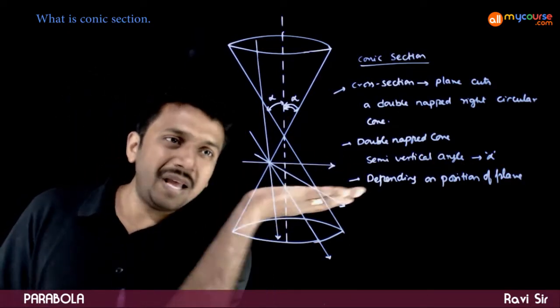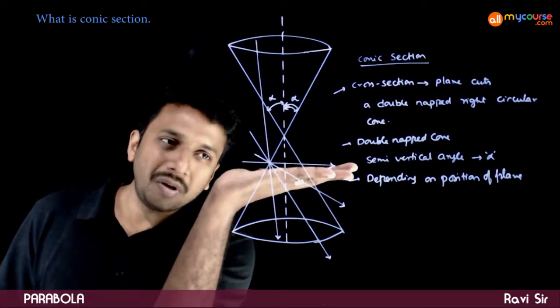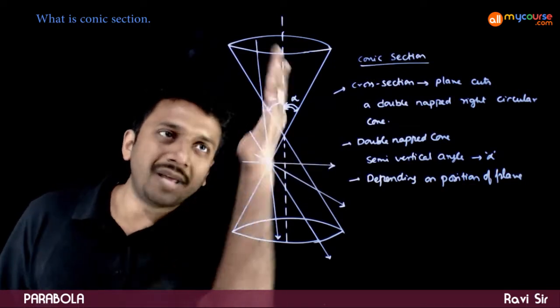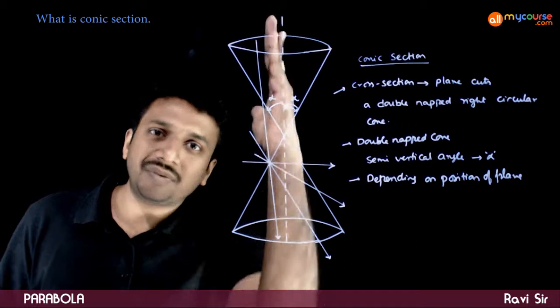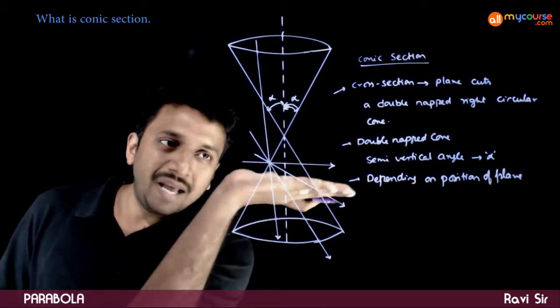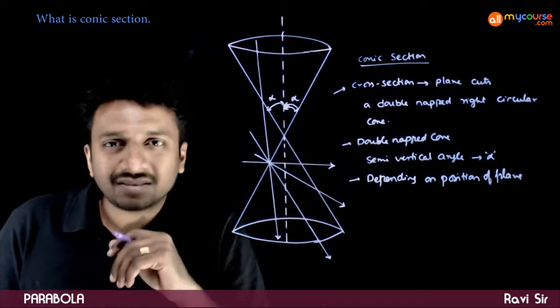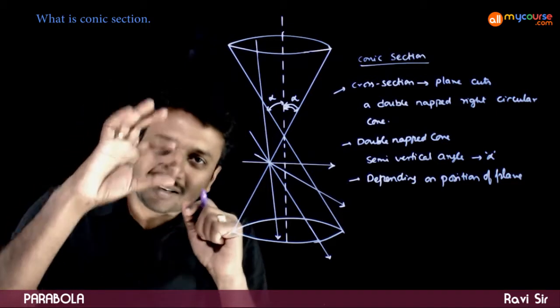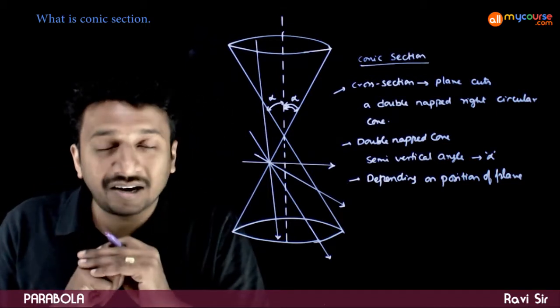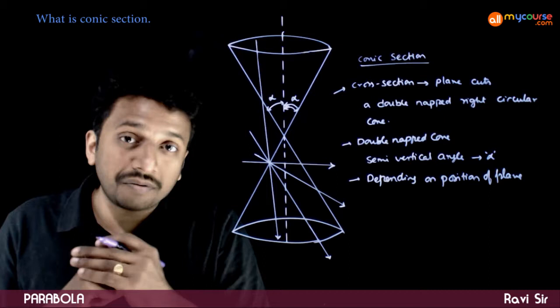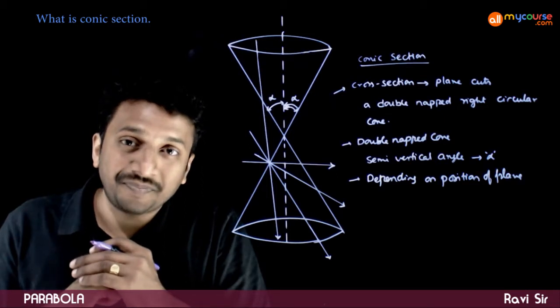For example, if the plane cuts the cone exactly perpendicular to the axis, you can very clearly see that the cross section will be a circle, right? So a circle is one of the conic sections.